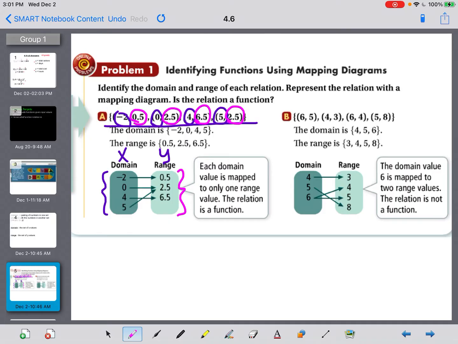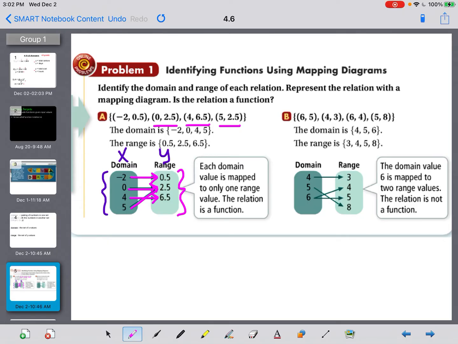That's all listed here. Then you draw an arrow to connect the two that go together in their ordered pairs. This first ordered pair is -2, 0.5, so that's why they have this arrow going from the -2 to the 0.5. Then we have 0 to 2.5, 4 to 6.5, and 5 to 2.5.